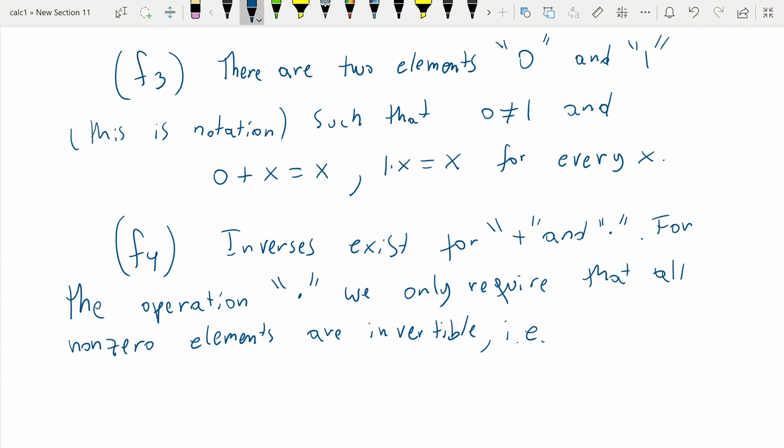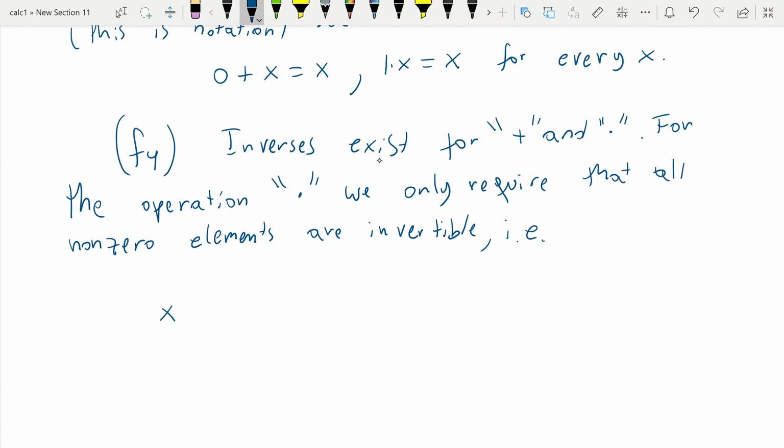That is, if x is different from 0, then it implies that there exists a y such that y times x is equal to 1.